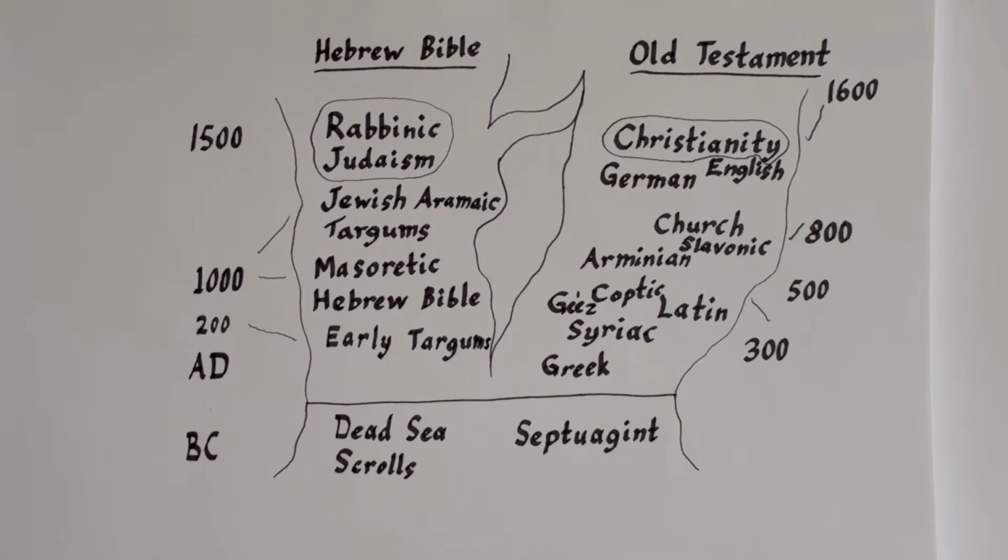So on the left we have the Rabbinic branch. When the two religions split off, that group produced what's called the Biblical Hebrew and Biblical Aramaic versions of the books, as well as Jewish Aramaic Targum versions also.